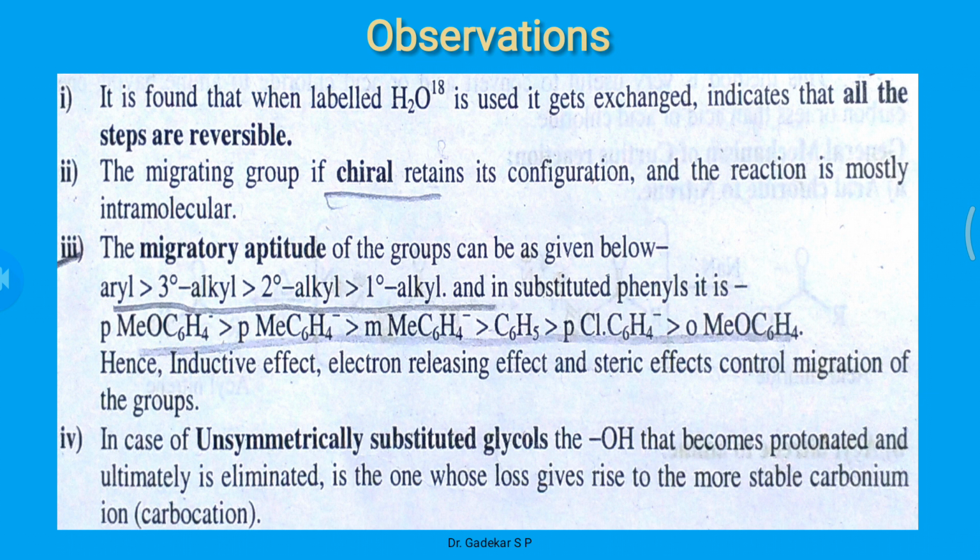Similarly, if benzene or aryl groups are substituted with electron donating or electron withdrawing groups, the para-substituted electron donating aryl has more migratory aptitude than para-methyl benzene, then meta-methyl, then phenyl, then para-chloro, and then ortho-methoxy.